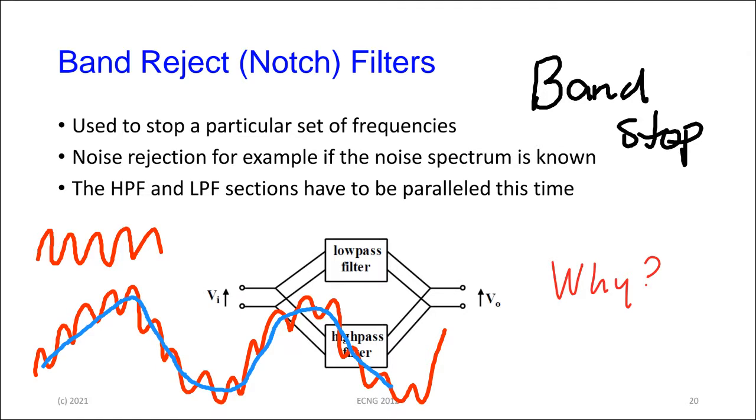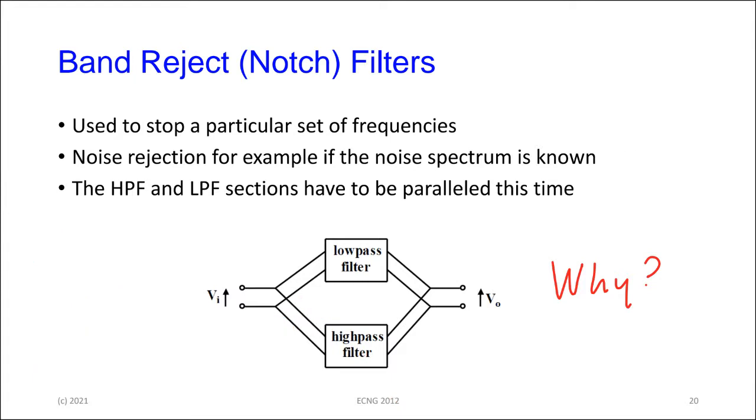In this case now, we can't cascade. If we're creating this using the high pass and low pass filter sections, we can't cascade them. We have to run them in parallel, like the diagram below indicates. Why is that? Intuitively, this is what you want.